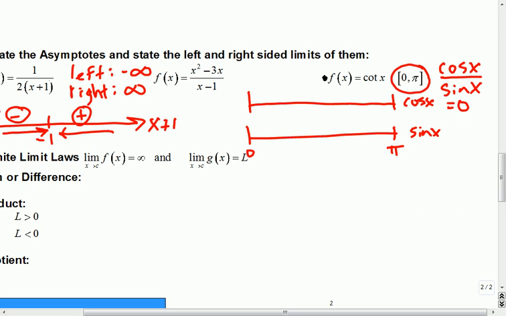So where does the sine change its sign? Where does the sinusoidal graph sine change its, no, that's not going to work either. Okay. Where does the sine change its sign? Let's just stick with that.